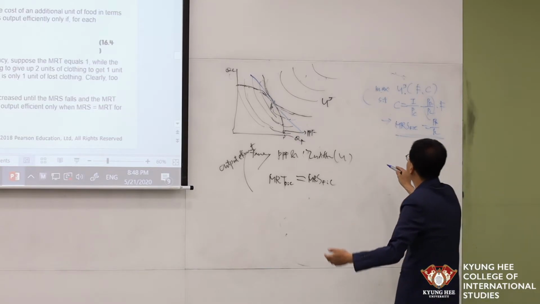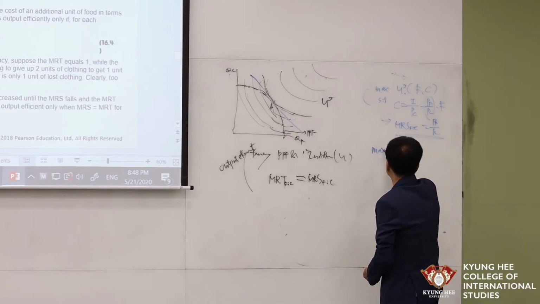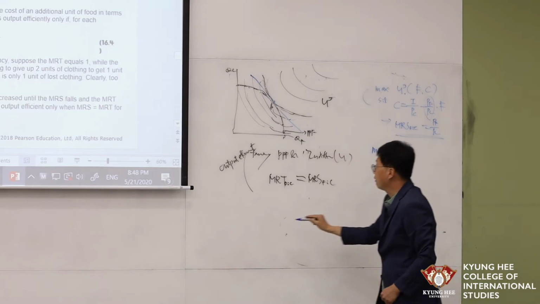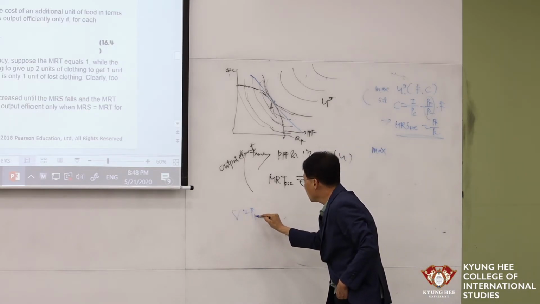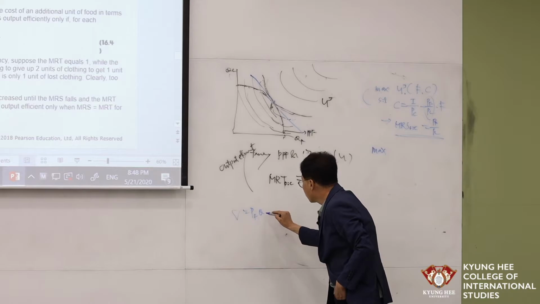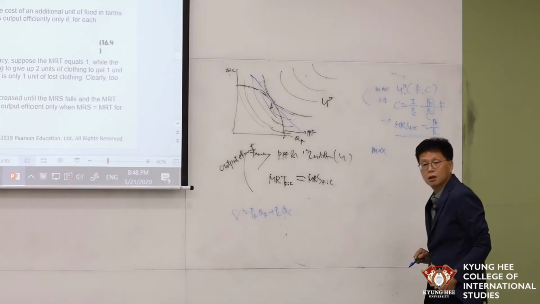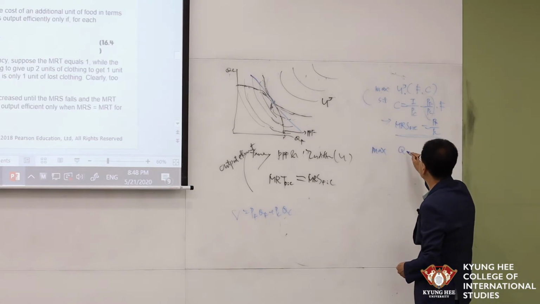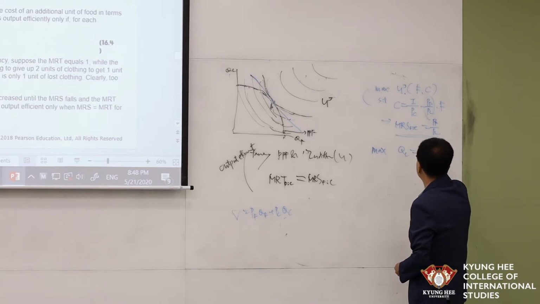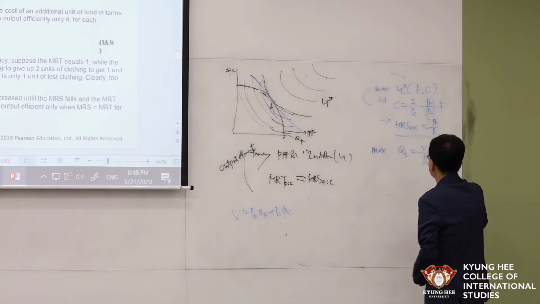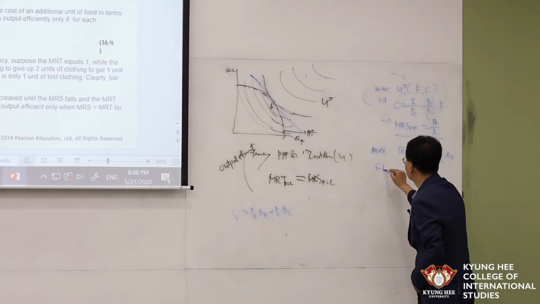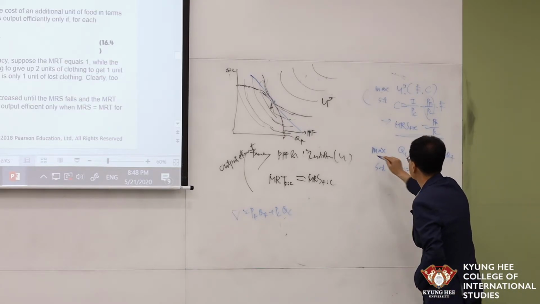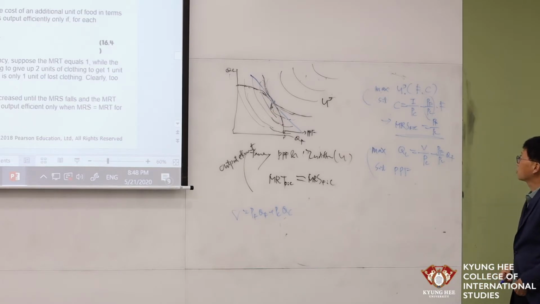What is value maximization? Maximization of the value of two products, PF QF plus PC QC. Rewriting this, QC equals value over PC minus PF over PC times QF, subject to the PPF, production possibility frontier.